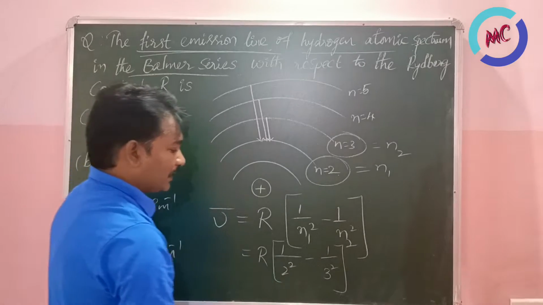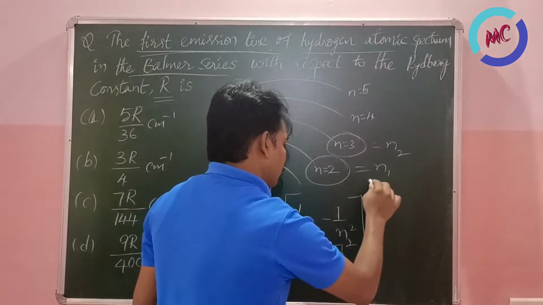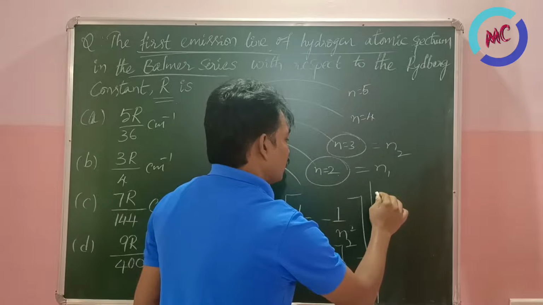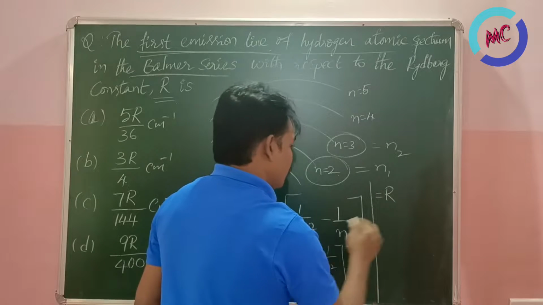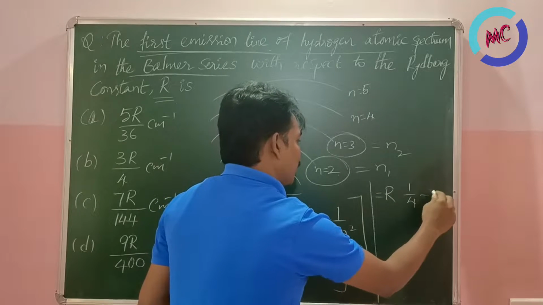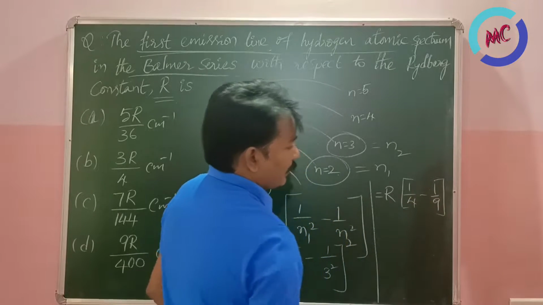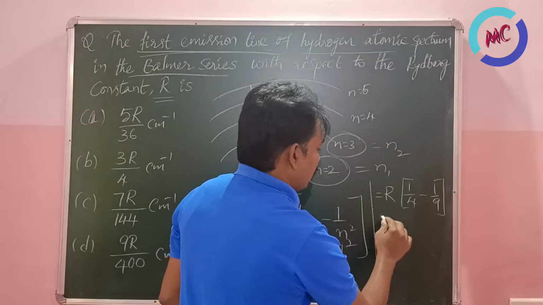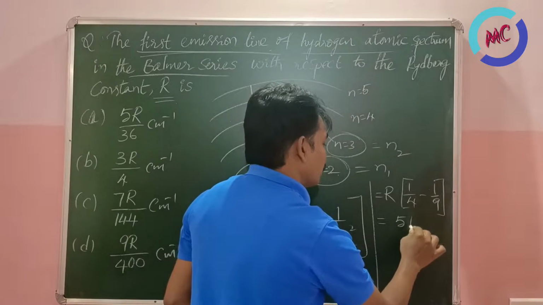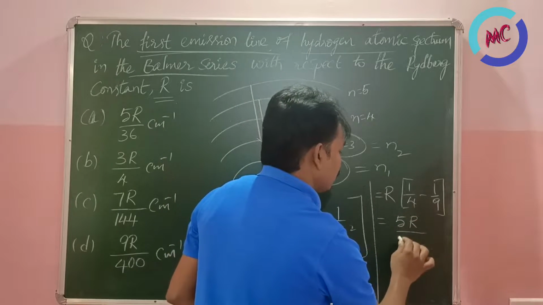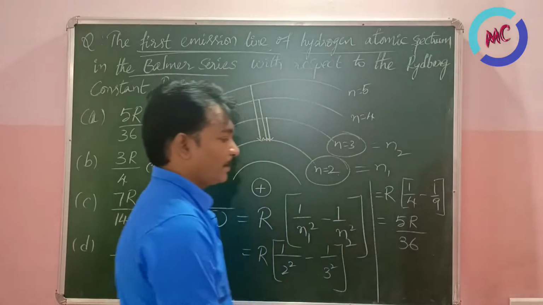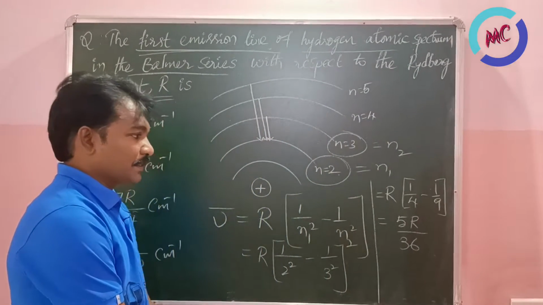After simplifying this, we will get R (1 by 4 minus 1 by 9). After simplifying further, we will get 5R by 36.